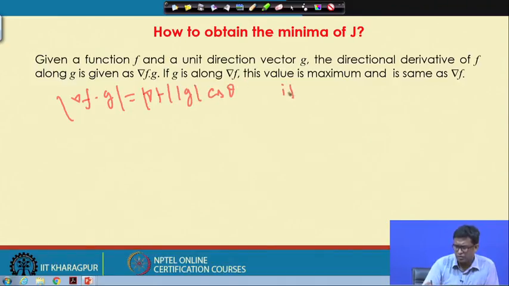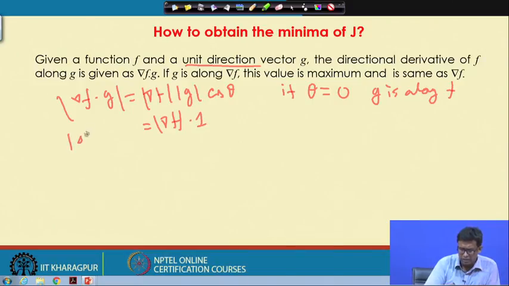If theta is equal to 0, that means g is along gradient of f, and g is a unit direction vector, so mod g is equal to 1. So this is gradient of f into 1, and this is the maximum value of gradient of f dot g, because if theta is non-zero, then cos theta is always less than 1, and this is a smaller value.